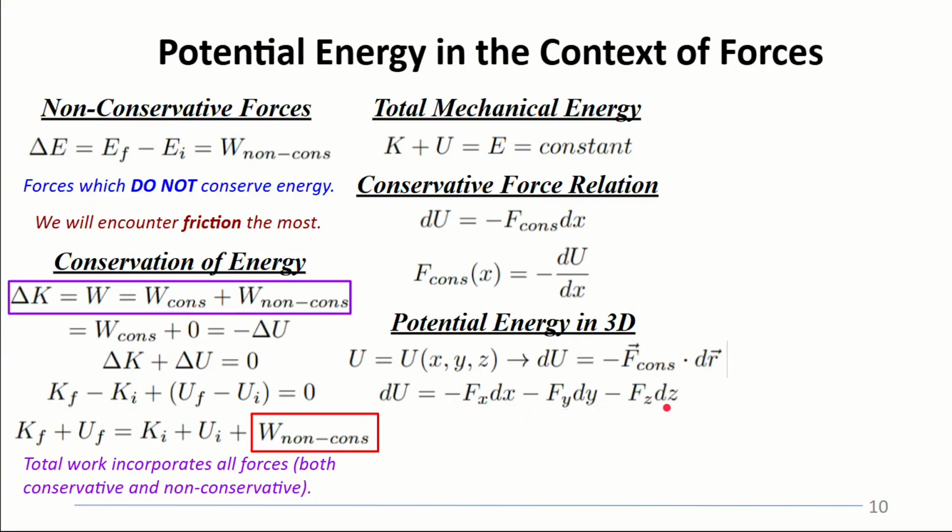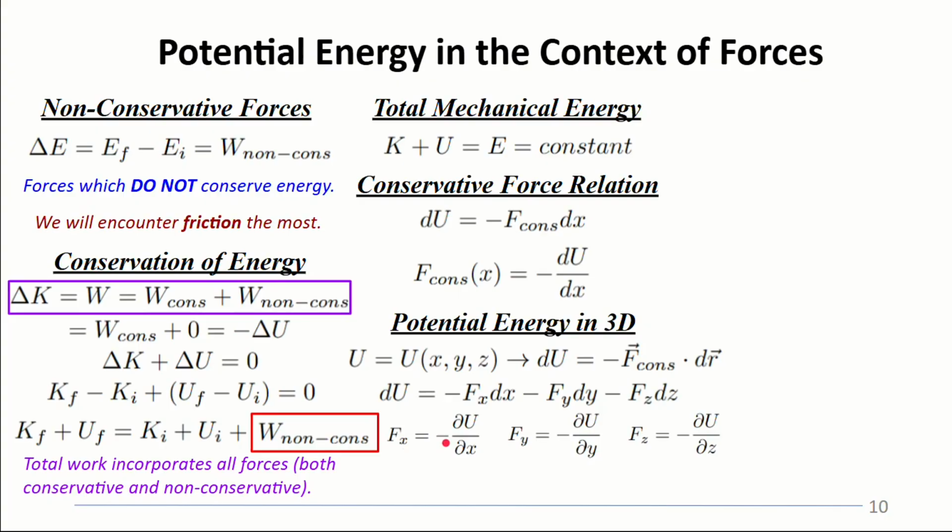You've got your force on x times your dx, force on y times dy, and force z times dz. And then if you were to rearrange and solve for the force in the x, y, and z direction, you'll find that you get these quantities here.